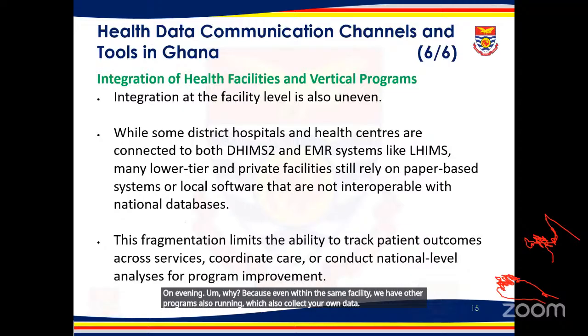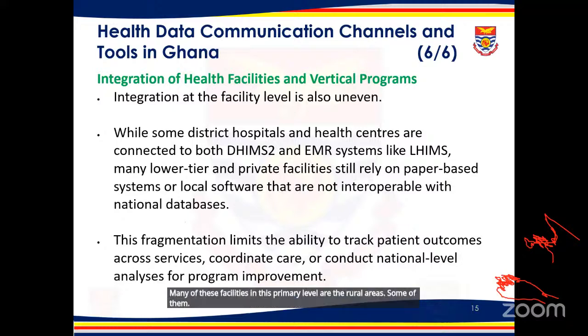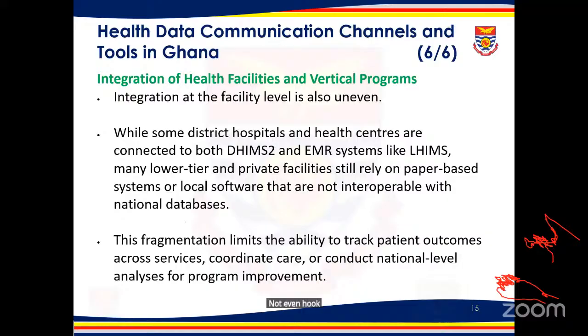We can also talk about the district hospitals and health centers that are connected to the DHIMS2 and then the EHR system like the LIMS. Many of these facilities at the primary level are in rural areas. Some of them are not even hooked up to platforms of this nature to be able to facilitate data collection in a digital manner.